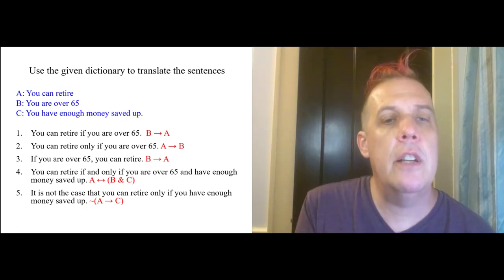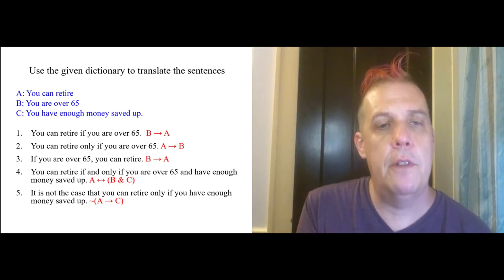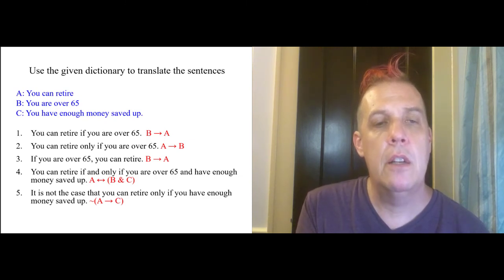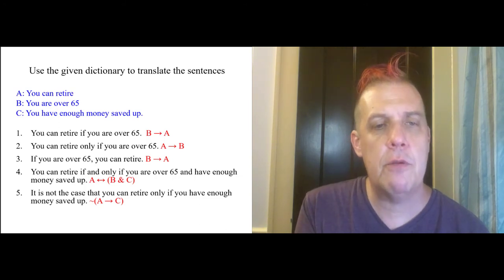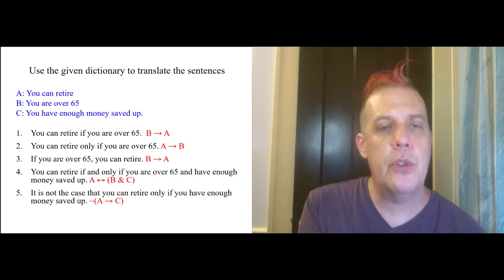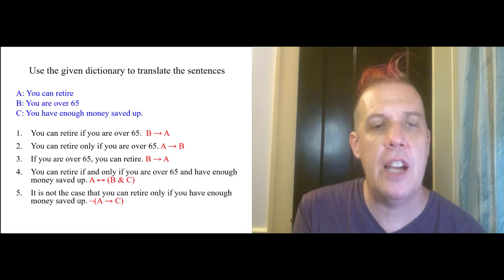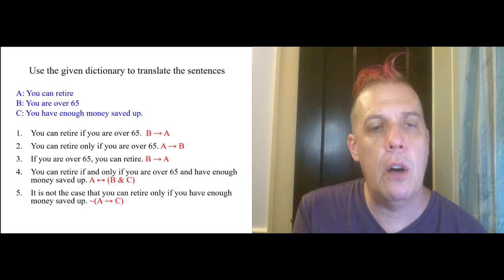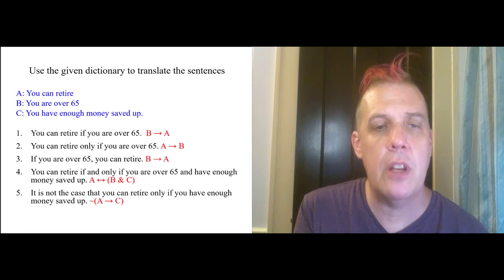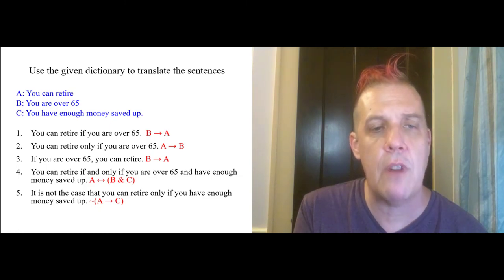You can retire if you are over 65. You are over 65 is the letter B. It is introduced by the word if. If introduces the antecedent, so that is B implies A. You can retire only if you are over 65 gives you A implies B, because the only reverses the direction of the arrow.